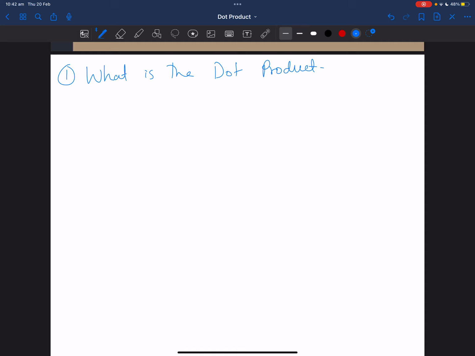Usually when students learn this, they're first introduced to this definition of the dot product. If we have two vectors, vector x and vector y, the dot product of these two vectors is basically you take the first component in this vector times the first component in this one, and then you add the second component times the second. So x1 times y1 plus x2 times y2.